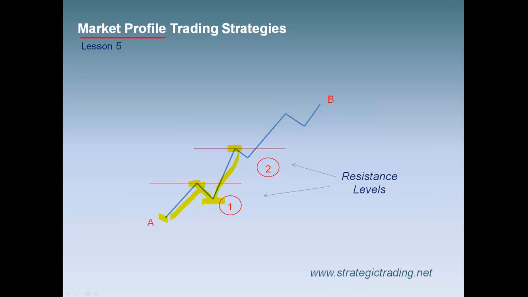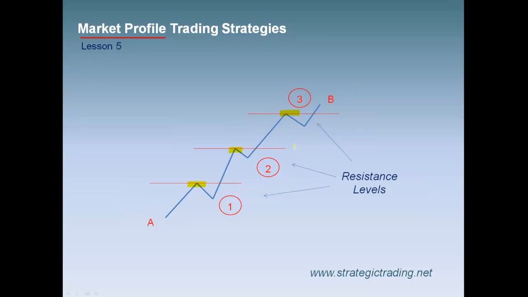Buyers that bought at point 1 decide that it may be time to sell at point 2 and capture this profit. And in doing so, again, prices will start to drop. And the cycle continues. So we have 3 levels of resistance here that we encounter. 2, 3, right there.